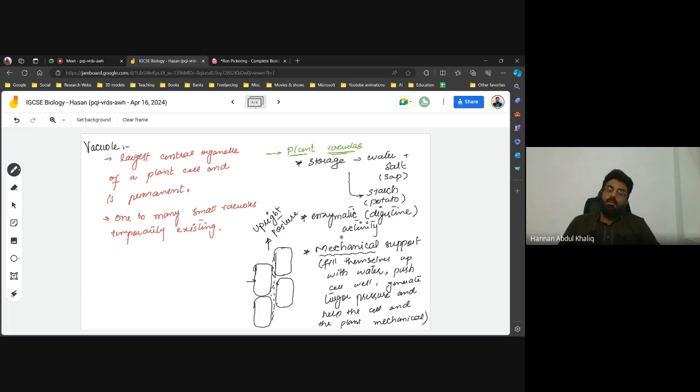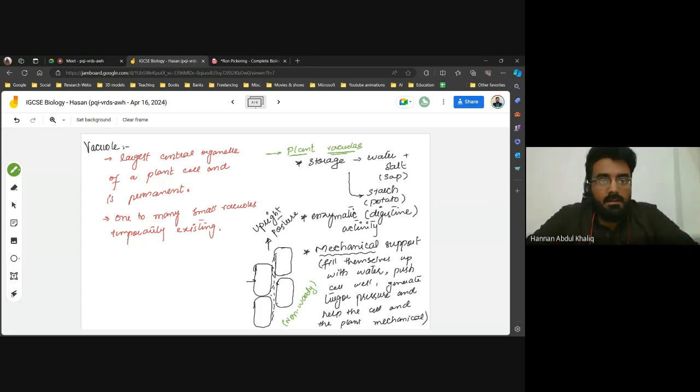Non-woody means very thin stems. So these are very important in this way. Just imagine that they are acting like our bones, like our skeletons. So this is how the vacuole is most important.